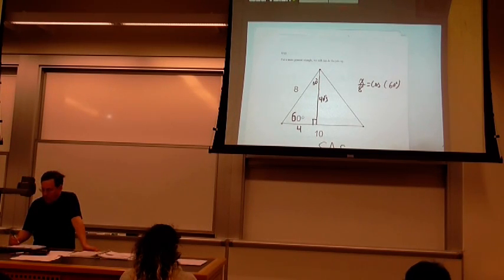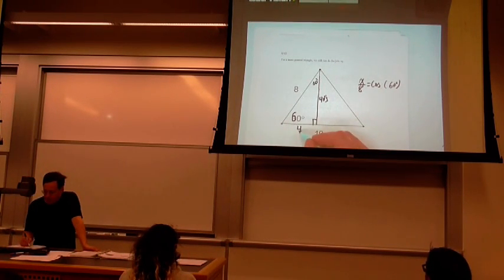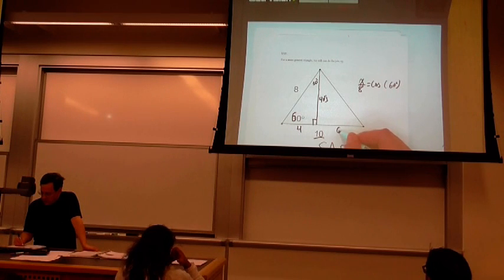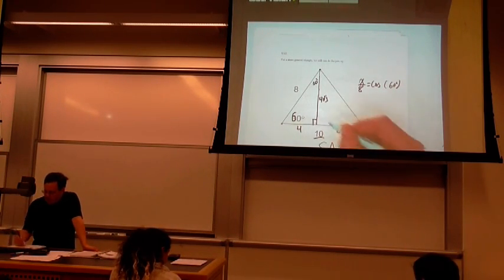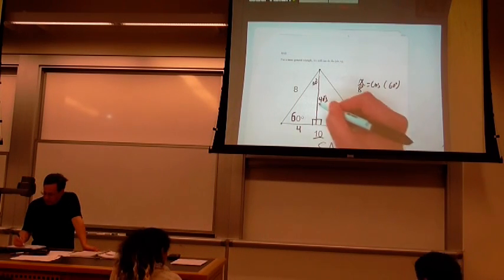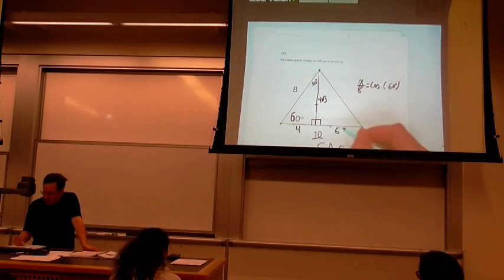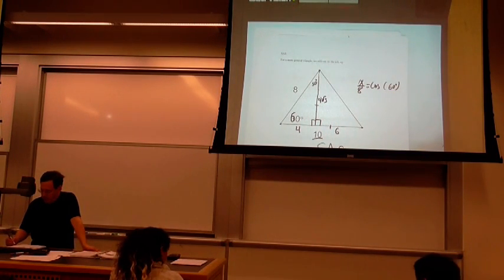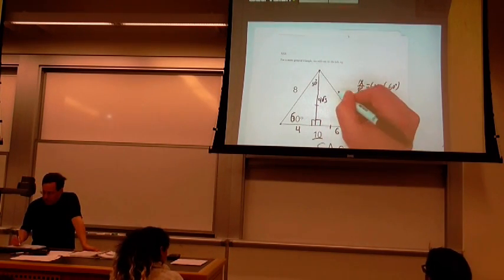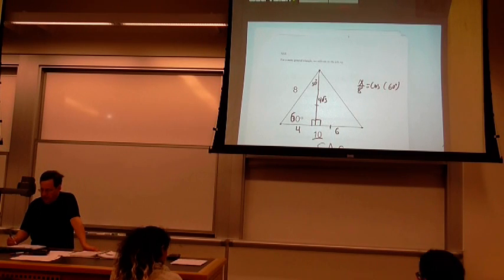All right, we're partway there. Wait a minute. We know that the total side is 10. So if this is 4, this has to be 6. Right? So now, again, we have side, angle, side, and we know this triangle is determined. How are we going to find this other side here?